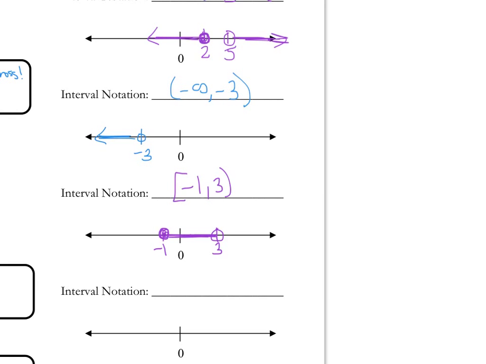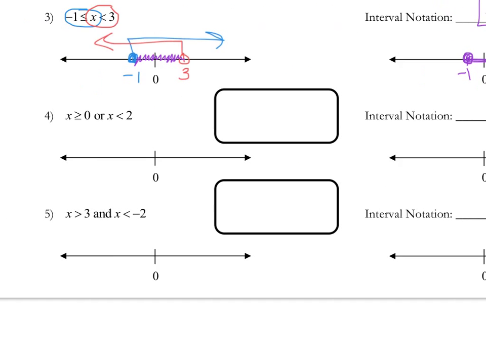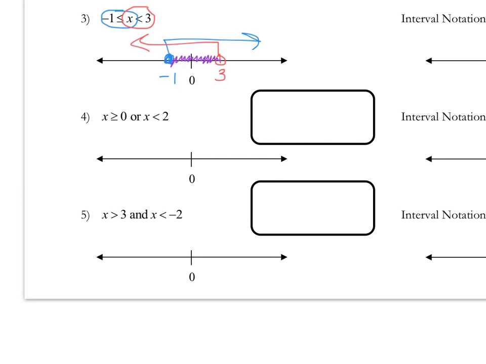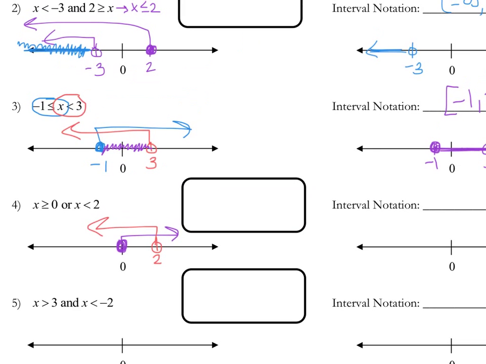Okay. All right, next example. First, let's graph. So x is greater than or equal to 0, and then x is less than 2. So this is an or compound inequality. Okay? Doesn't matter if they intersect.